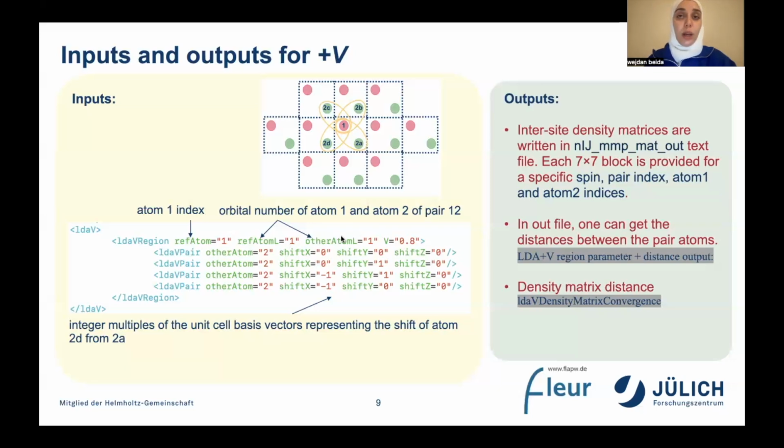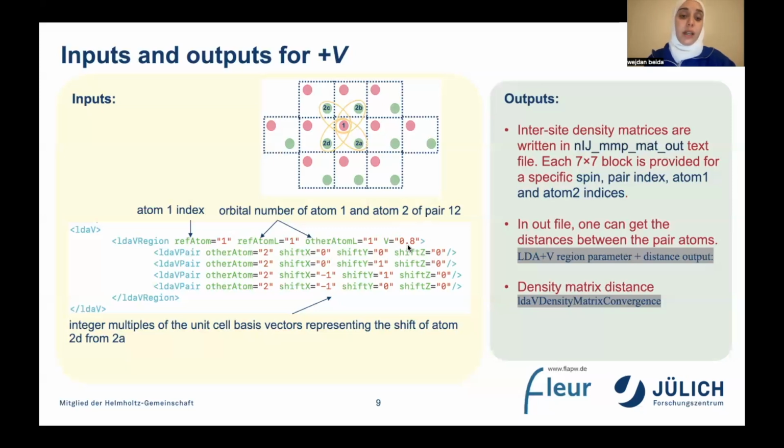Since all four of these atoms are equidistant from atom 1, and they share the same orbital character, the parameter V for all of them is the same. And here we specify it in eV.